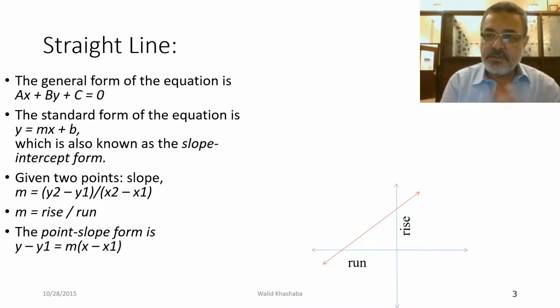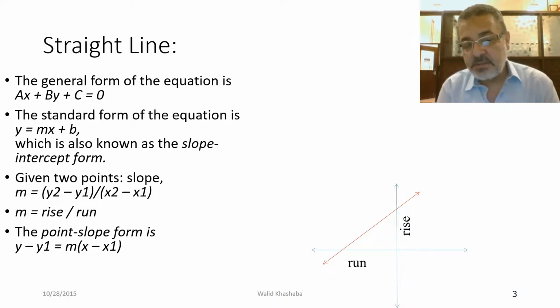But we have a standard form of the equation, which is y equals mx plus b. This is also called the y-intercept or the slope-intercept form, because m, the coefficient of x, is the slope, and b, or c in other books, you may find in other books, y equals mx plus c.